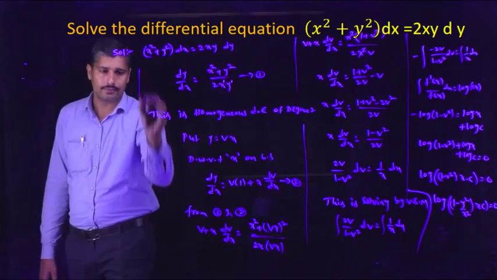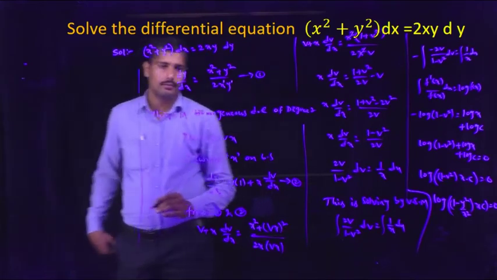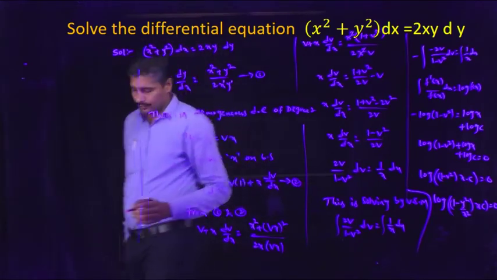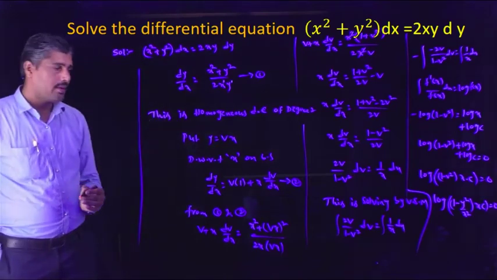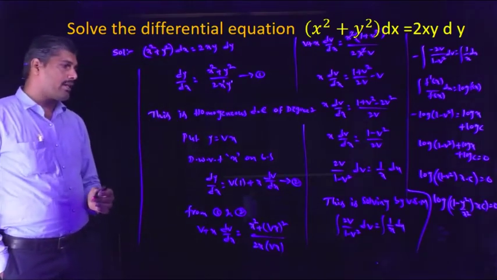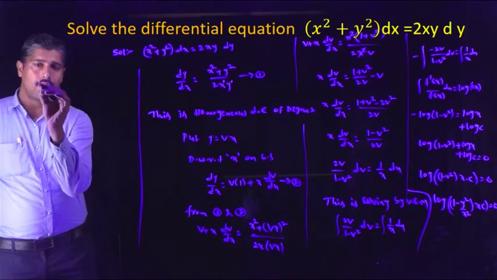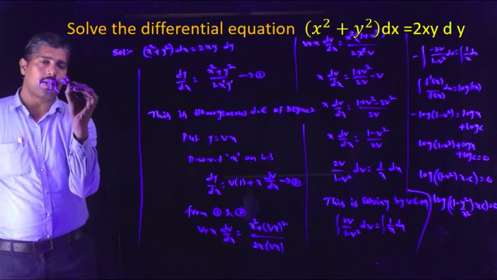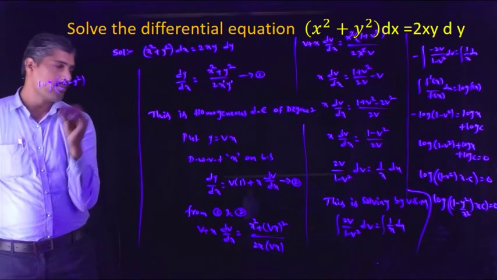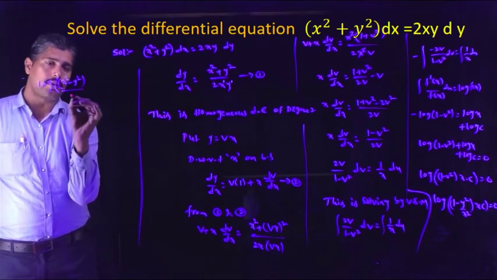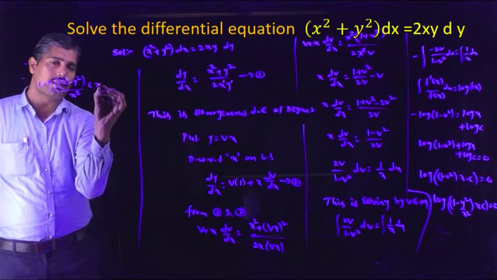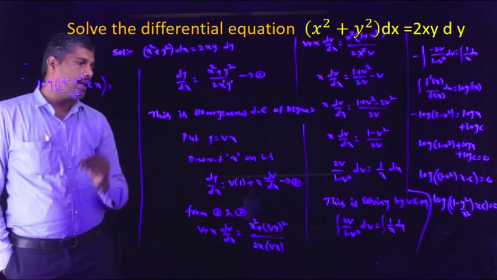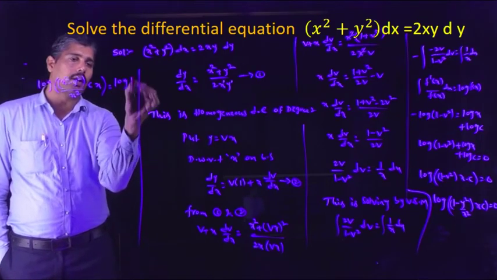See here, log of 1 minus y square by x square, that is log of, take LCM, x square minus y square by x square into cx equal to, we know that log 1 equal to 0, that equals log 1.